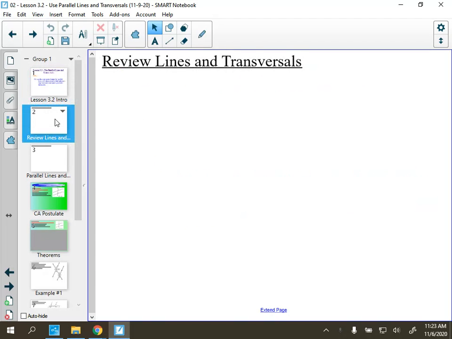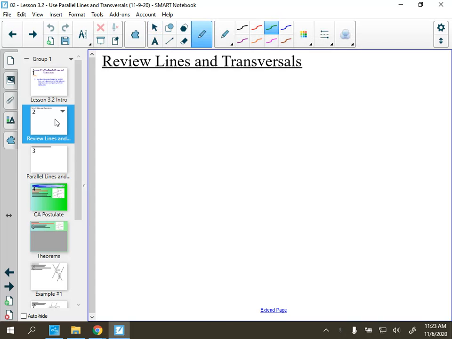So going back to the previous lesson, we're talking about this new concept of just what the heck is a transversal. Let's maybe draw it. I've got some random lines here, let's put arrows on them, call them lines. Those would intersect somewhere off the page. That's not a transversal.